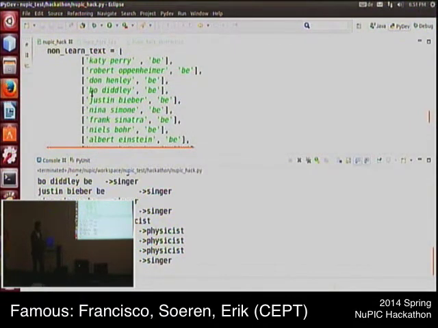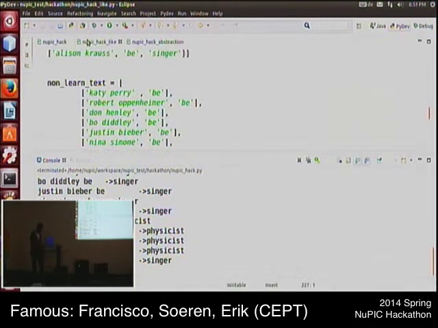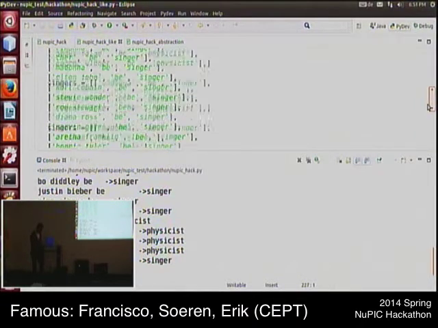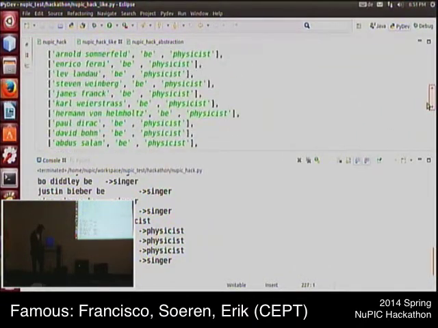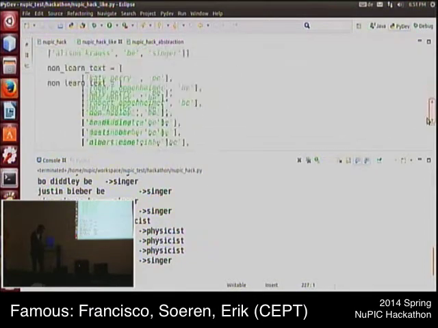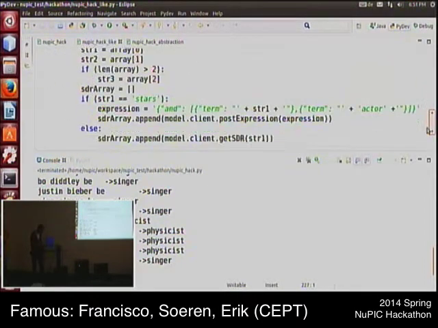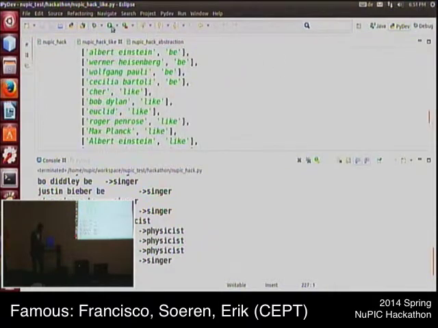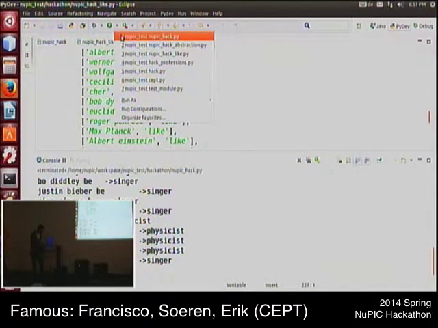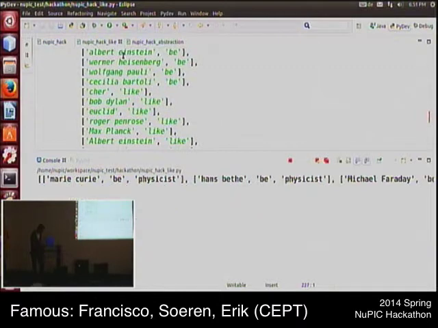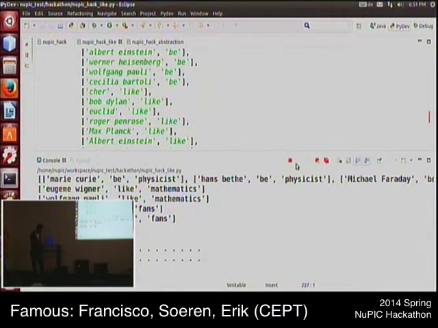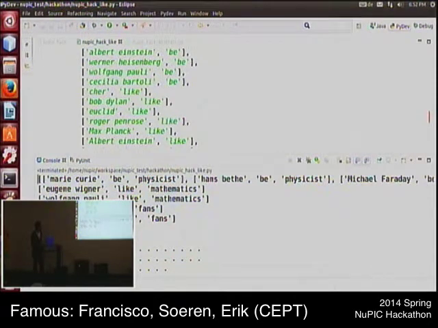For the next one, we tried to take it a little bit further, and we said, let's introduce something like a second verb.